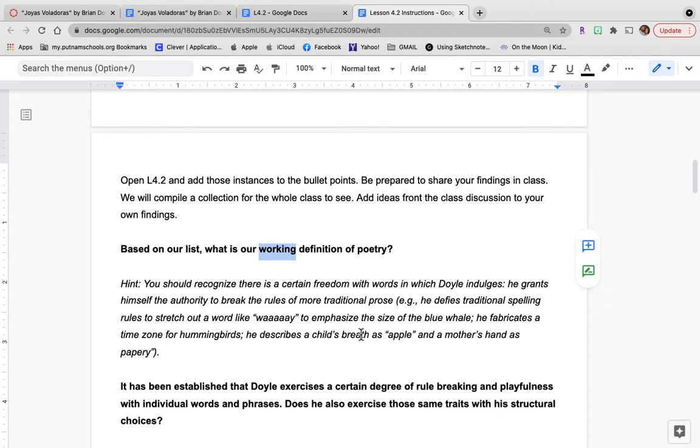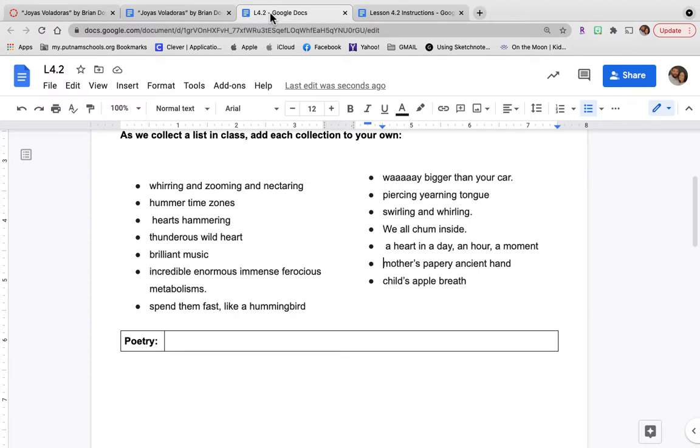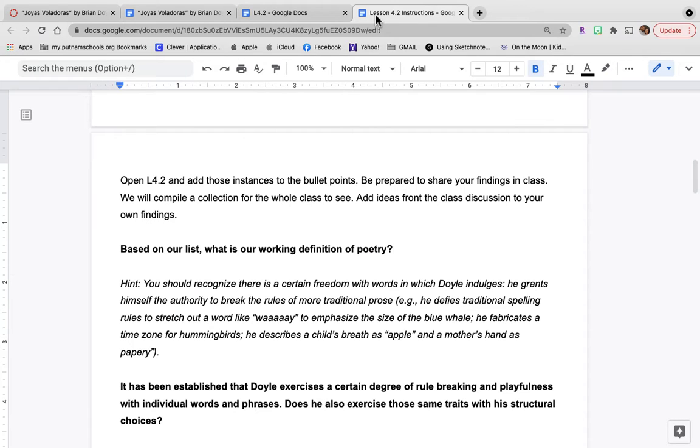He defies traditional spelling, so he can use the word way to emphasize the size of the blue whale. He fabricates a time zone for hummingbirds, and he describes a child's breath as apple and a mother's hand as papery. So think about that word freedom and some of the other things that you could probably think of when you look at these groupings of words.